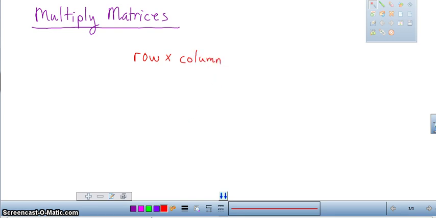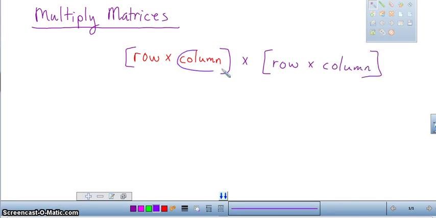When you multiply two matrices, you have this matrix 1, row by column, and then this matrix, row by column. These two middle numbers, the column of the first one and the row of the second, have to match. So for example, if I have a 3 by 2 matrix, that means the number of columns in this matrix is 2.